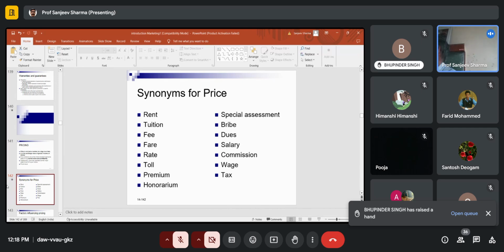Friends, wholesaler is of two types. One which does wholesale, another which does wholesaling. What is the difference? A wholesaler buys in bulk and sells in bulk. Go to the Sector 26 grain market, large numbers of wholesalers are there.